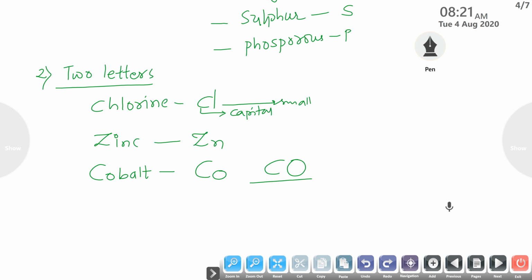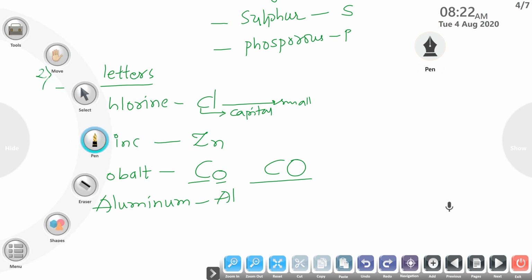So that's why for cobalt we will write uppercase C and small letter o. Next, aluminium. Aluminium we will write as Al. These are some of the examples of 2-lettered symbols of the elements. You can identify some more examples in the periodic table. Okay, this is the second method.